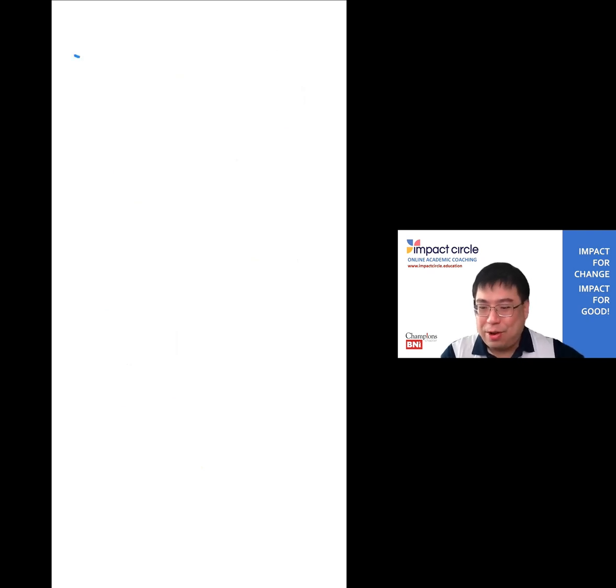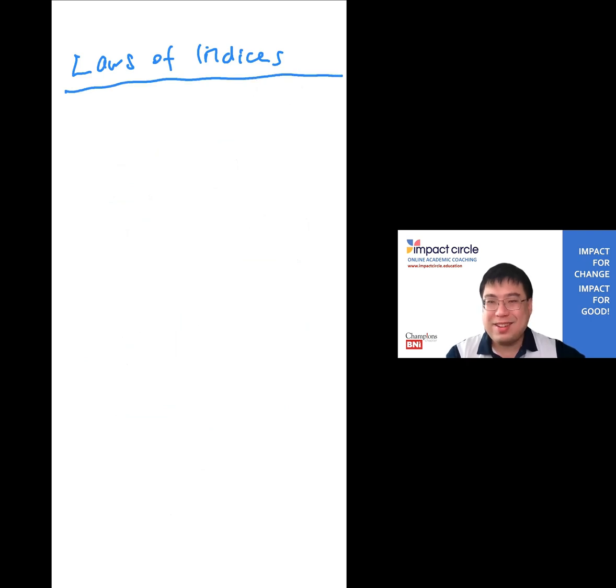We've covered all the laws of indices. Please make sure that you know these very well because these are very, very important and will be used for many topics. So what are the laws again before we go? We have a^m times a^n equals a^(m+n).